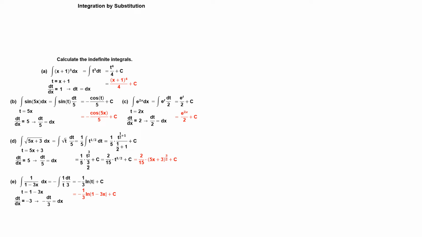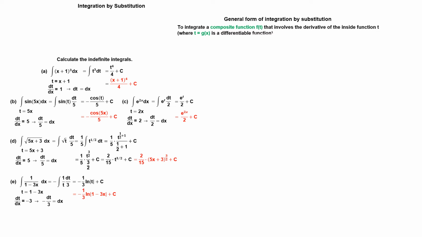But the choice of a substitution that simplifies the integrand is not always easy. Before continuing, let us state the general form of integration by substitution. To integrate a composite function f of t that involves the derivative of the inside function t, write the integrand in the form f of t times dt/dx, incorporating constant factors as required in f of t.